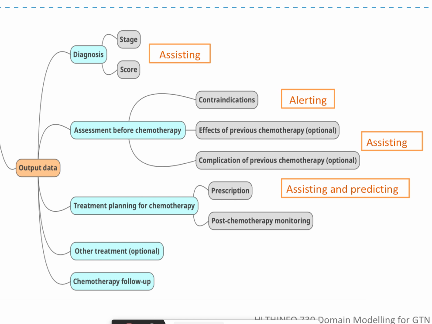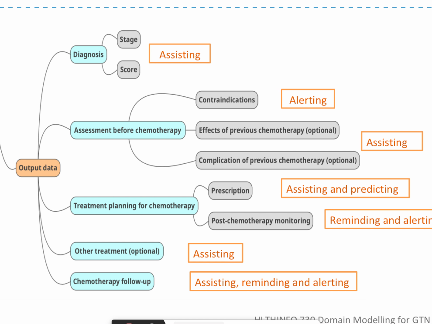According to diagnosis and assessment results, the system will recommend treatment plans for chemotherapy. The plans would include prescription details and post-chemotherapy monitoring schedule. In this part, the system will also predict the risks of side effects and set up reminders for the post-chemotherapy follow-up.